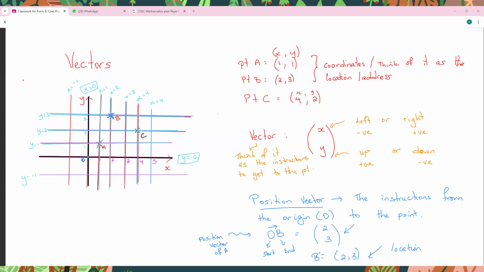Think of it as Waze or your Google Maps. When you put in your point where you're starting, so let's say starting from Citygate and you're ending in Diego Martin, it's going to tell you what the instructions are to get from that point to the other point.